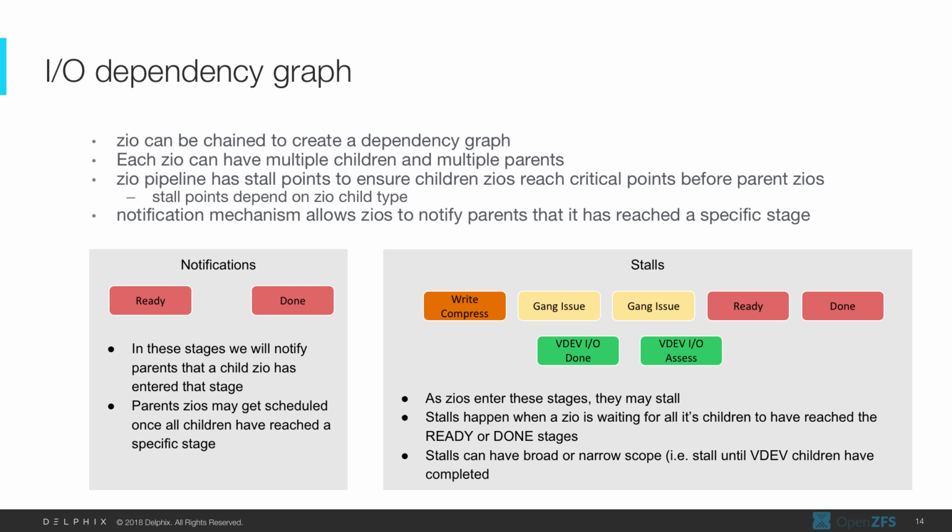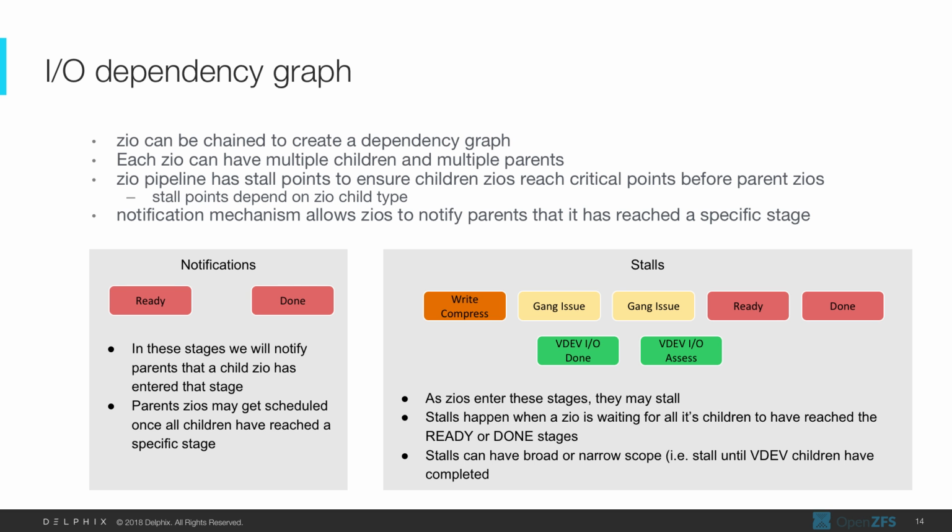So the way that the I/O dependency graph works is that we have concepts for notifications, which are these two stages of ready and done. These are places where we can actually get notified when an I/O completes that stage.